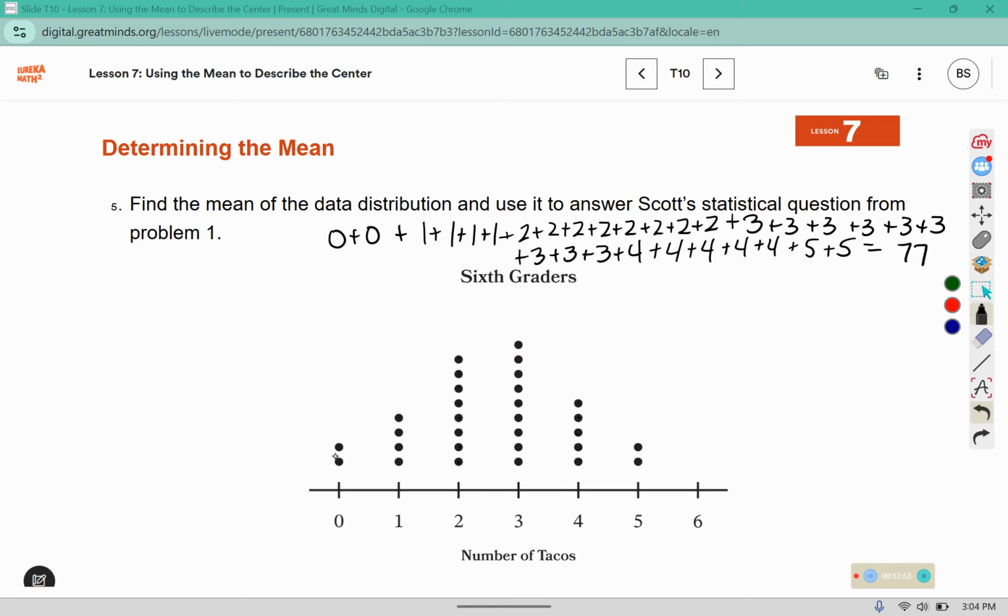And there are 1, 2, 3, up to 30 people, 30 sixth graders.